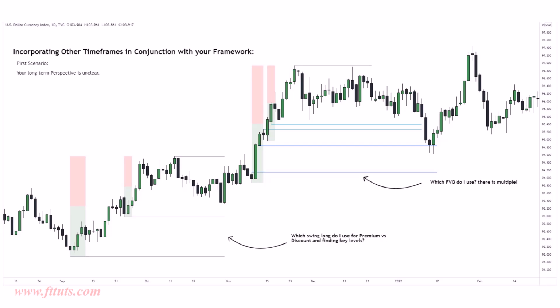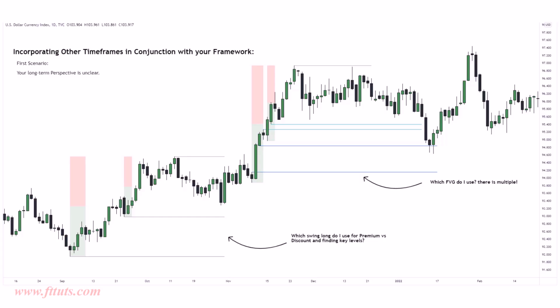But let's say that your long-term perspective is very unclear at the moment. Well, this is when you have to be flexible and you can adjust your long-term perspective in 2 ways.